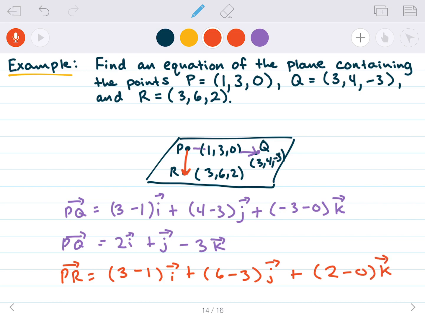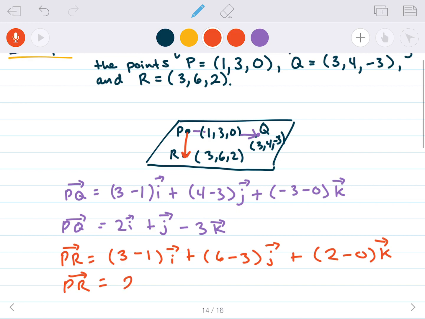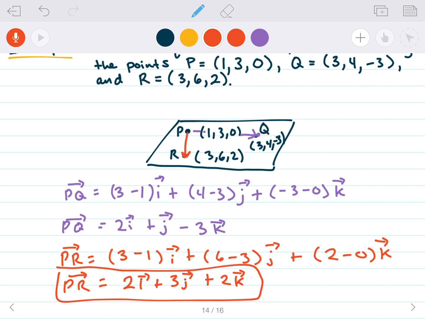Okay, and then we can simplify this to give us PR is equal to 2i plus 3j plus 2k. Okay, so there's PR, and here is the vector PQ.